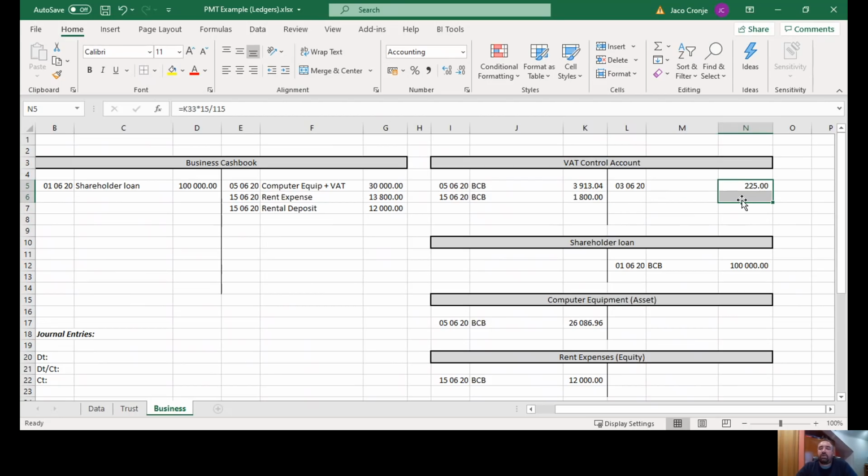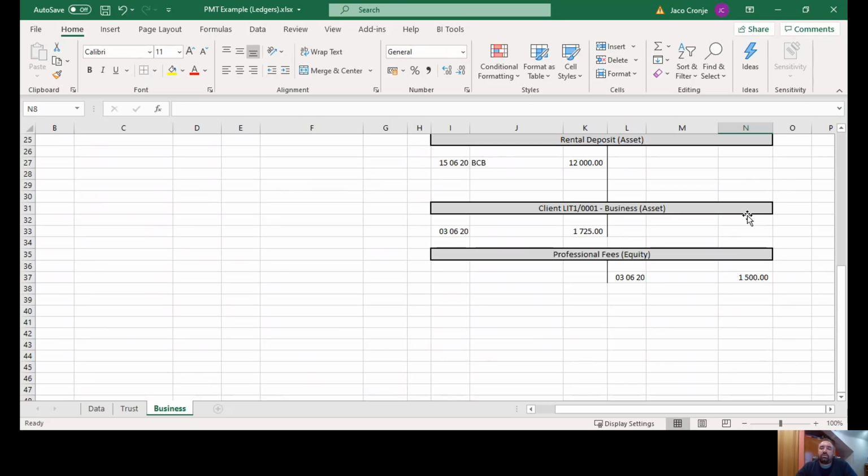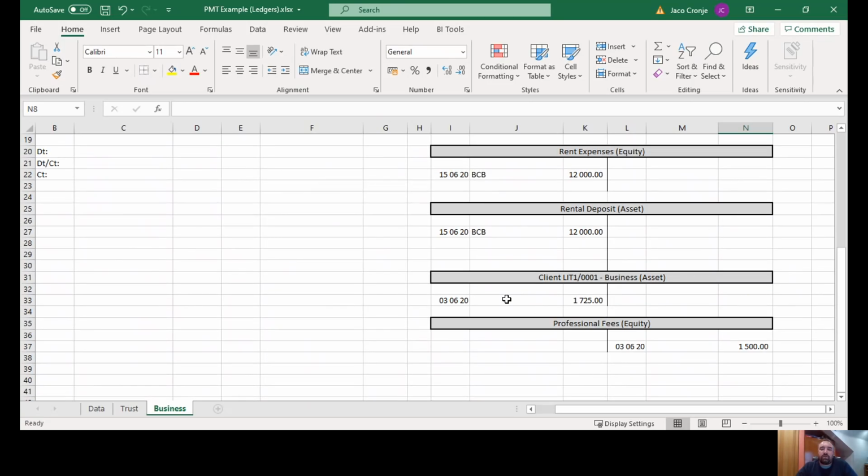They exceed my credits. So SARS will have to pay money back to me. But let's see as we go along, as there's more fees. Now I need to enter descriptions on this. So where did this go? This transaction went to professional fees. Portion went to VAT as well.